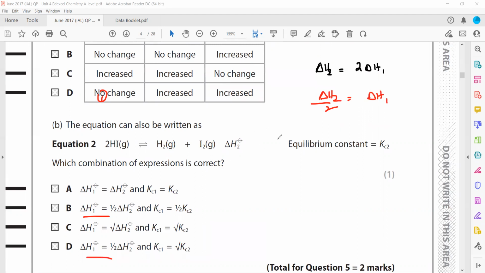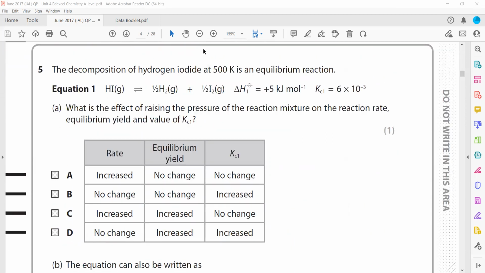And what about the Kc for K1 and K2? When you write the expression for Kc, the first Kc was product divided by reactant. So under root hydrogen, because half means under root, and iodine divided by hydrogen iodide.